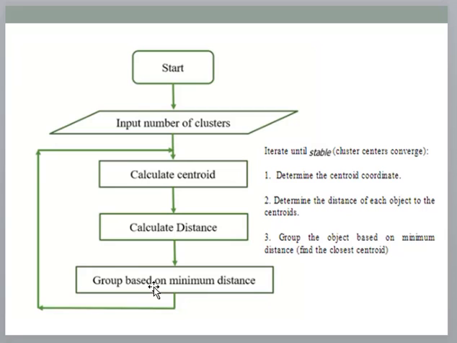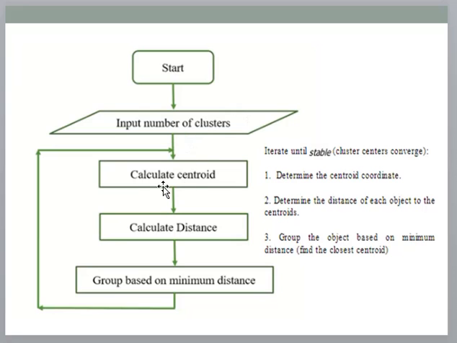Here is the flow chart of the k-means clustering algorithm, which I just explained. We start with an initial number of clusters, so we have a value of k, which is the total number of clusters our algorithm will create.